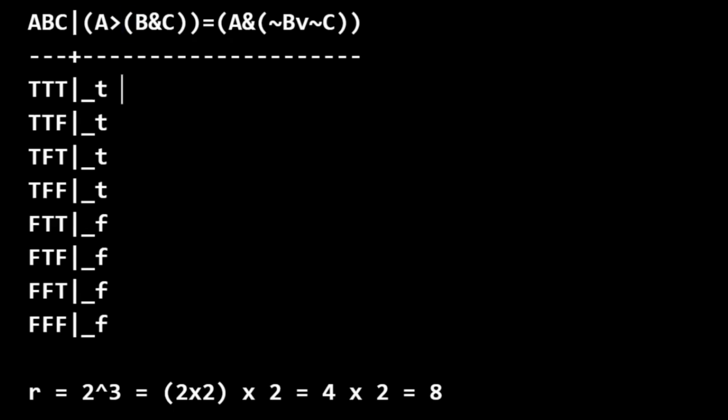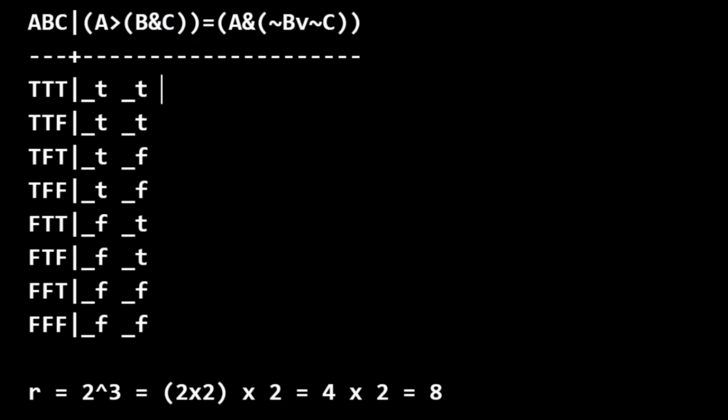And then the open parenthesis gets an underscore. We're going to put underscores all the way down the column. And then B, we copy over the values from the interpretations. And we get true, true, false, false, all the way down. Conjunction cannot be evaluated yet until we know what's on the right. So we're going to leave blanks there.